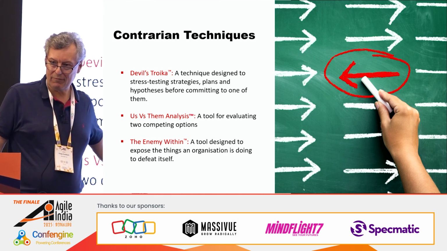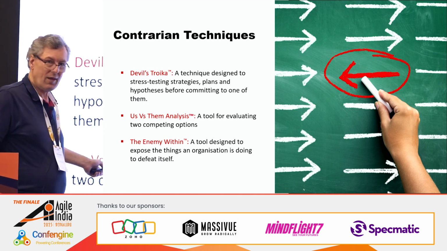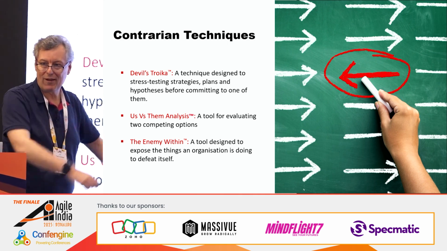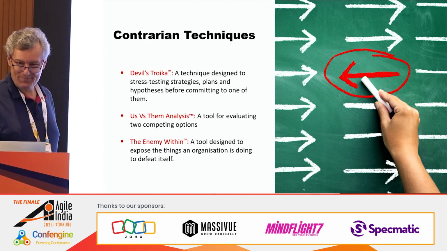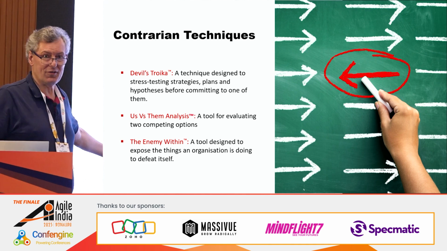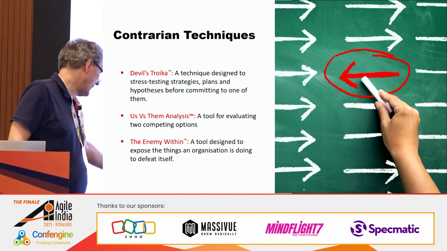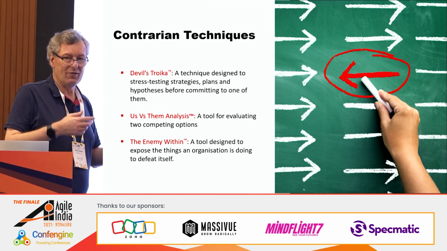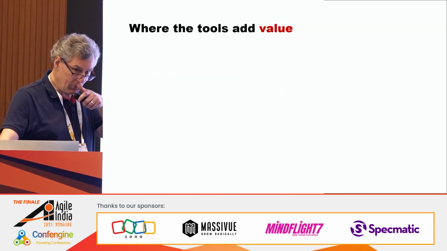How would you go about it? Really powerful stuff. Come up with that and then present it back to your security team and say, have you thought about this one? It can also lead to strategies, right? So what is the organization doing that's poor decision making that's actually trying to defeat its own ends? Where does that add value?